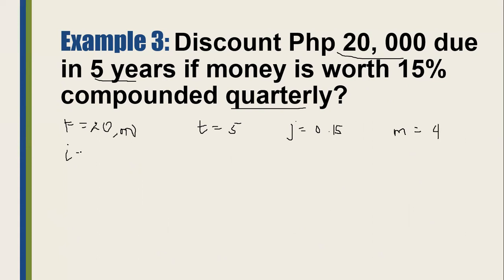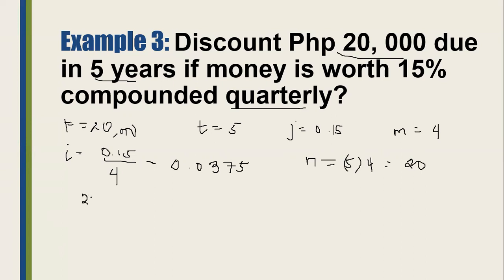To get I, J is 0.15 divided by M, which is 4. 0.15 divided by 4, so we have 0.0375. N is T times M. T is 5, M is 4, so we have 20.